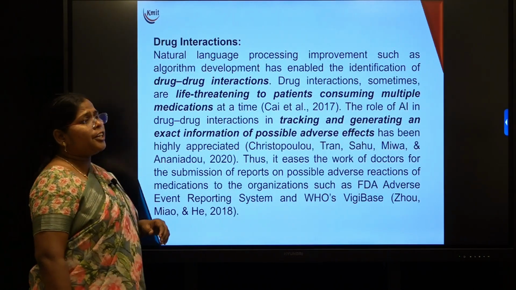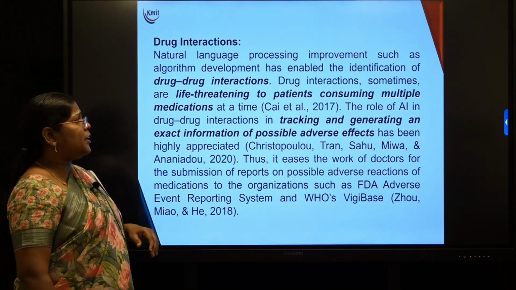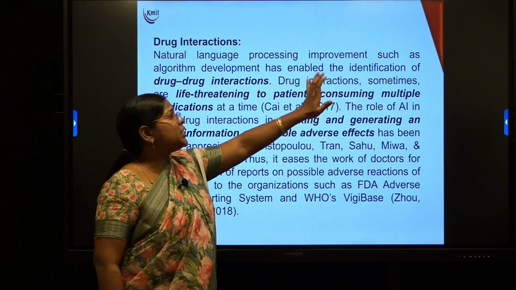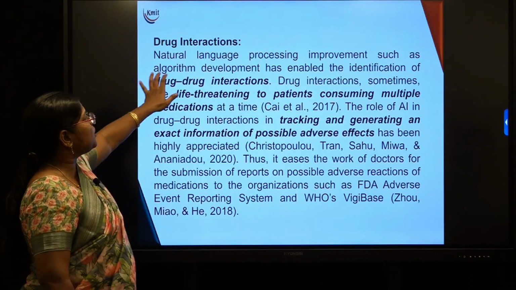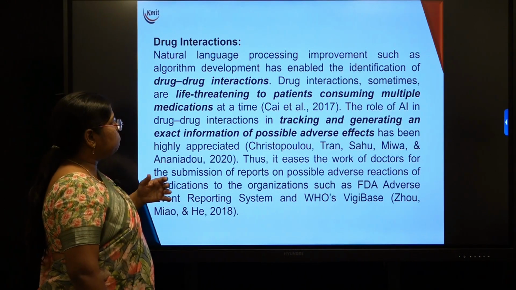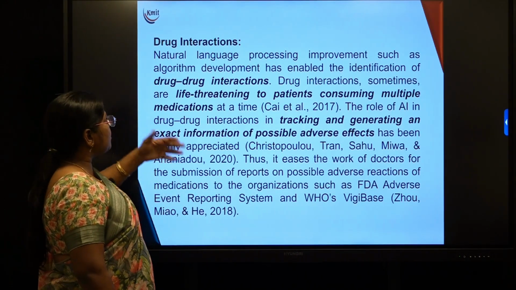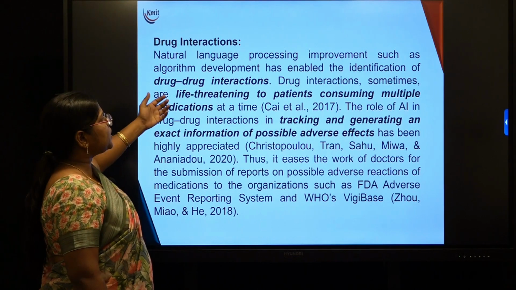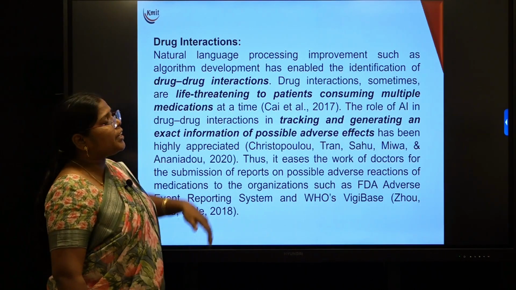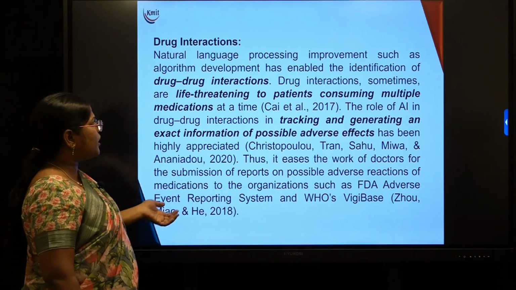Later they started using it in drug to drug interactions, with natural language processing improvements such as algorithm development like RNN and LSTM. As these developments increase, the identification of drug to drug interactions has happened.